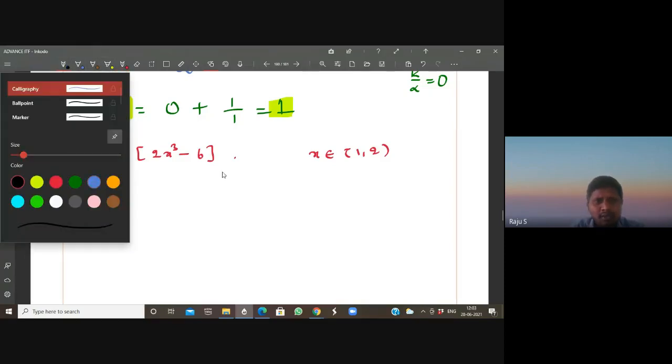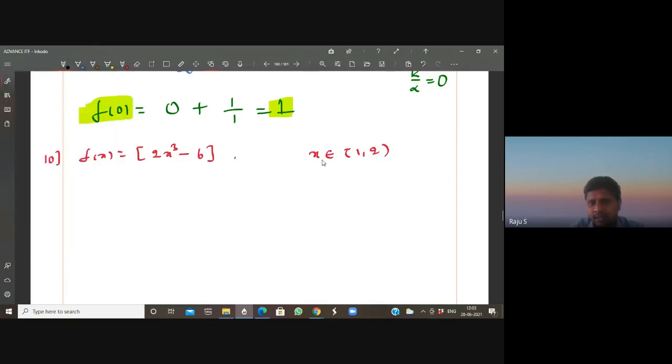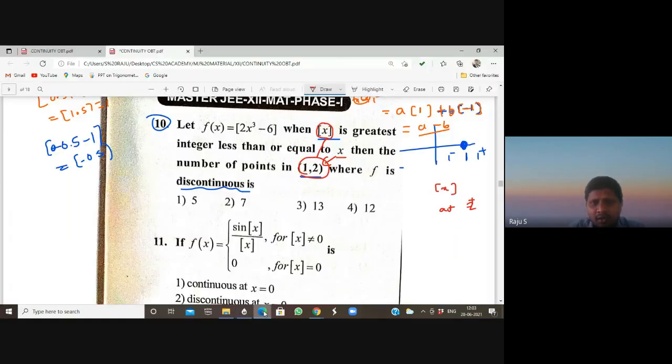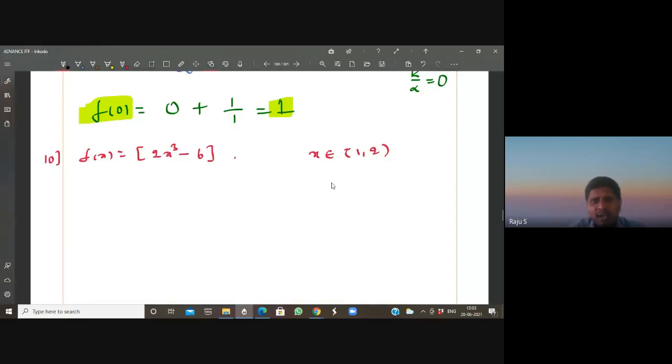Student, it is very easy. See here, clearly they given the domain (1, 2). Shall I write that open interval as 1 less than x less than 2? It is an open interval, so I have written less than. If it is a closed interval, you can write less than or equal to.